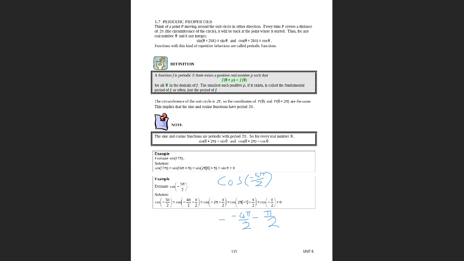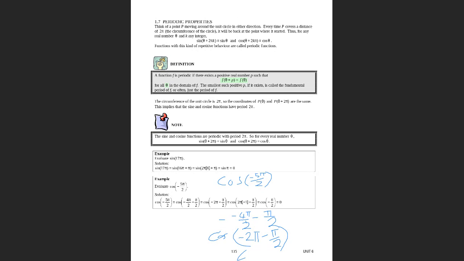Now minus 4 pi over 2 is the same as minus 2 pi, so we have cos of minus 2 pi minus pi over 2. You see that? Because I have minus 2 pi here, once I go one revolution, I come back to the same thing again.